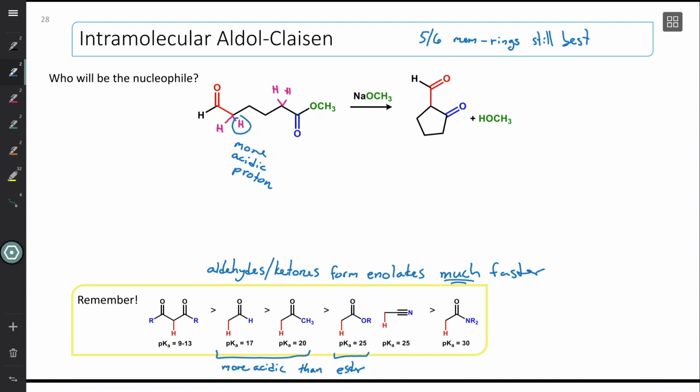So the aldehyde or ketone will probably be your nucleophile. And so if that happens, we get negative charge here. And then it's the same, right? Counting the carbons, 1, 2, 3, 4, 5, right? 1, 2, 3, 4, and 5. You lose your ester group, but you keep the ketone.